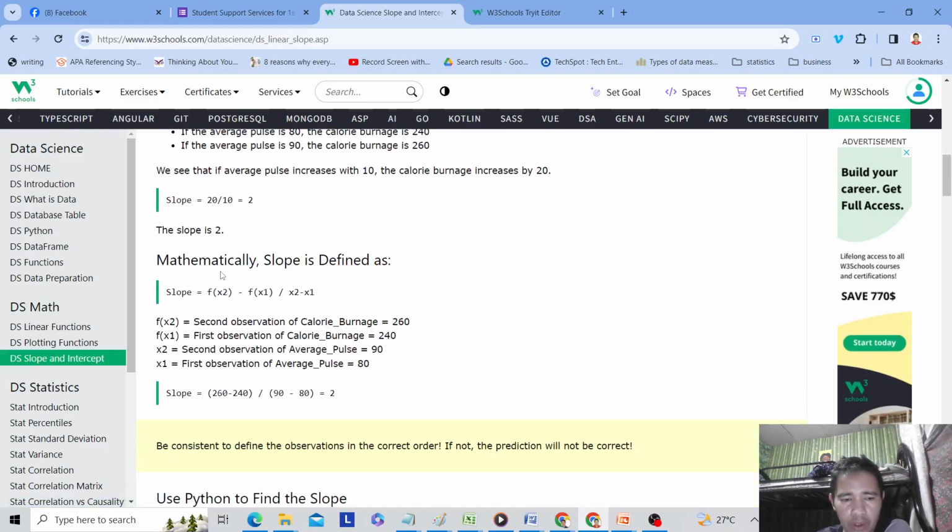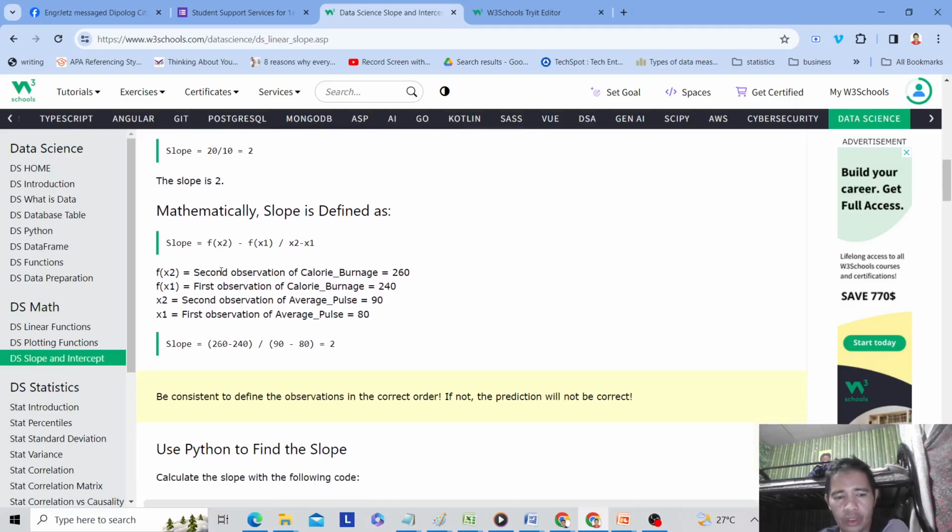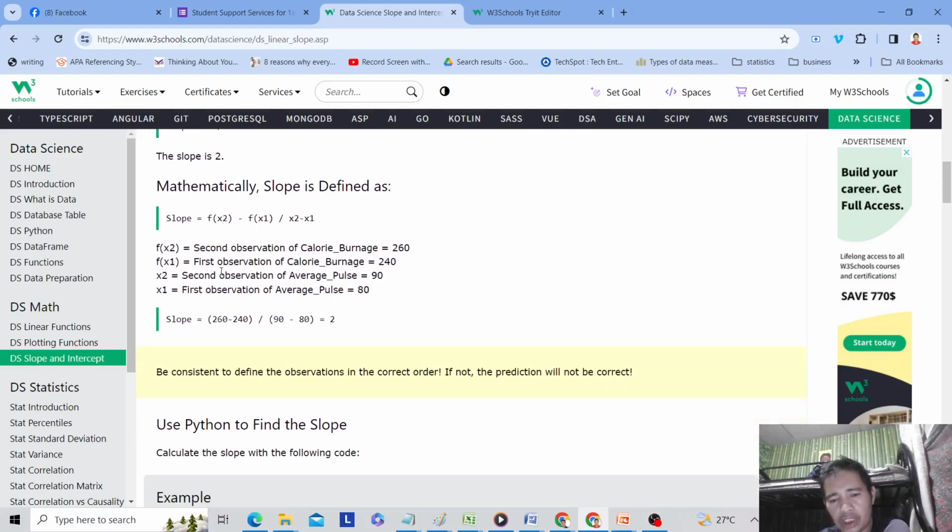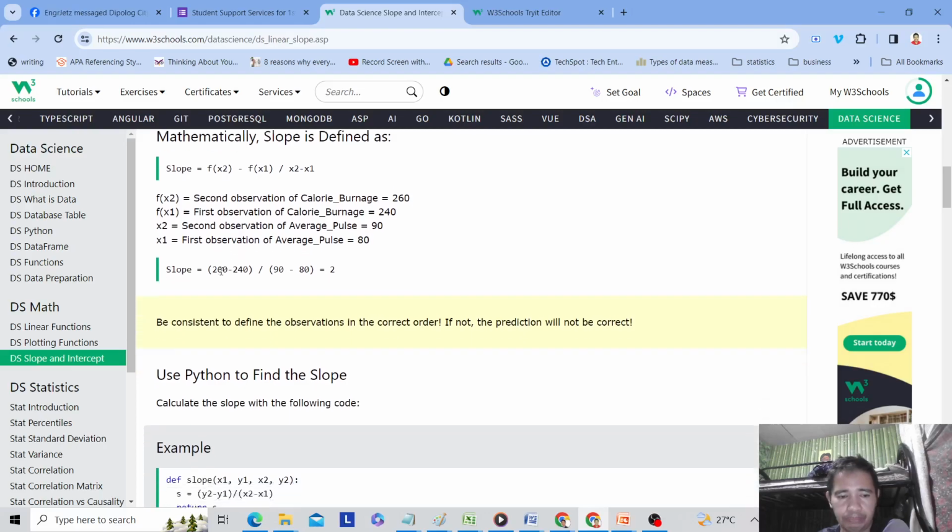So we have slope equals 260 minus 240 divided by 90 minus 80. So 260 minus 240 is 20, divided by 10. So that is equal to 2. Be consistent to find the observations in the correct order. If not, the prediction will not be correct.